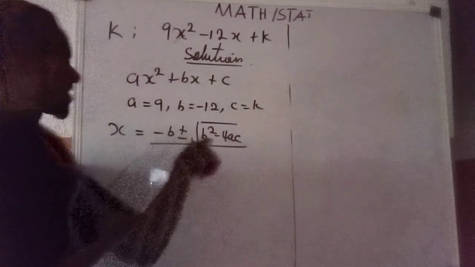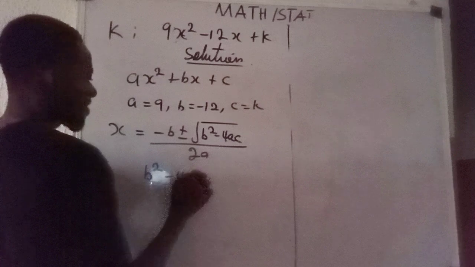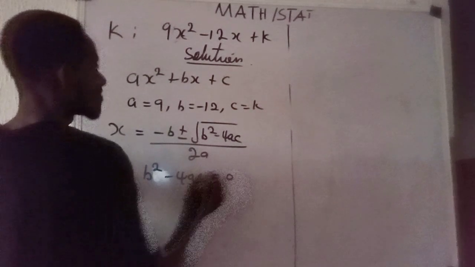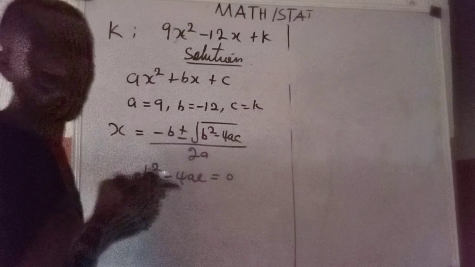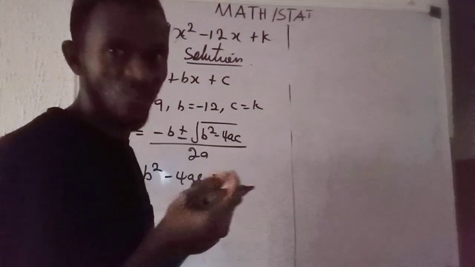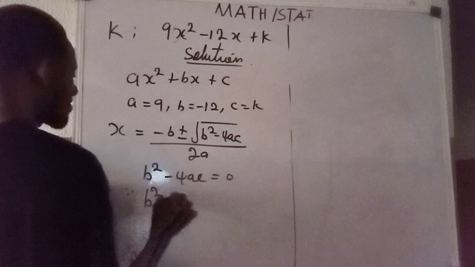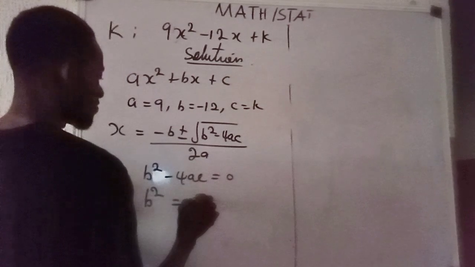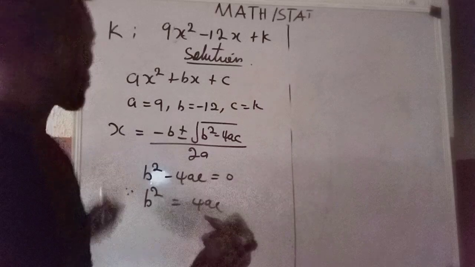Then I go inside: my b squared minus 4ac equals 0, for me to find the value of k that makes this expression a complete square. So in that case, my b squared equals 4ac, by bringing this one over here. What is my b here?